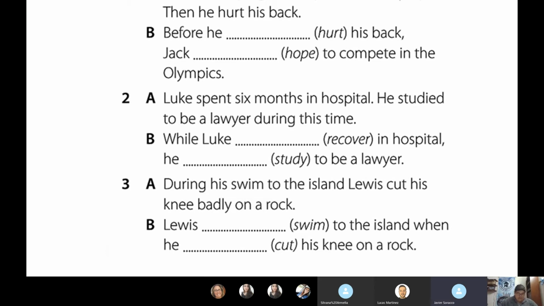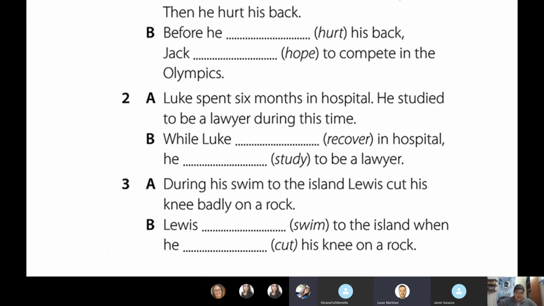So it says, Fauzia didn't feel well all day, so she decided not to go to Sarah's party last night. Because she had felt well. No, she had been feeling well all day. Fauzia had decided not to go to Sarah's party last night. Because she hadn't, it is negative.